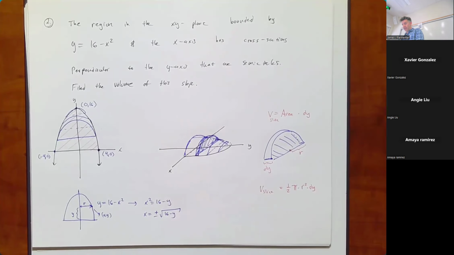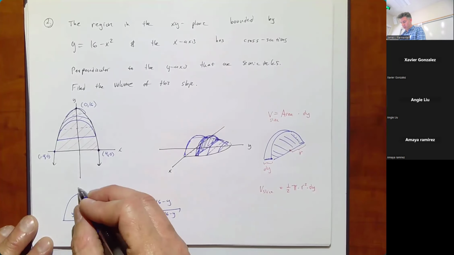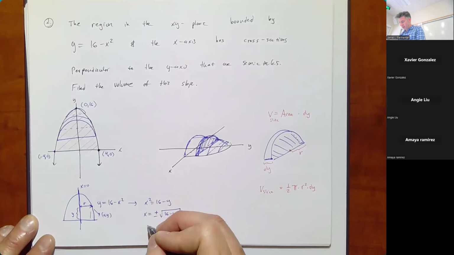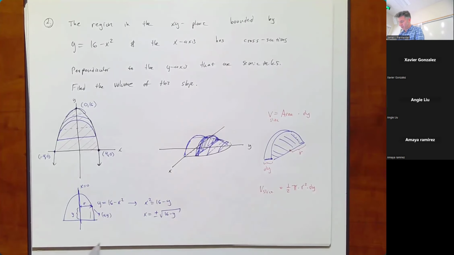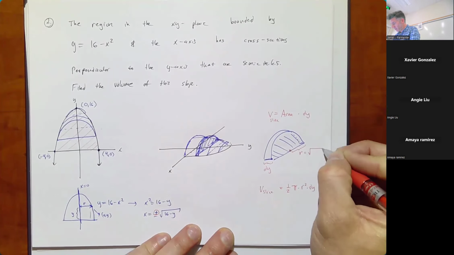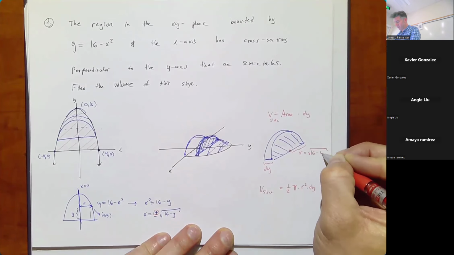And if I just want the right-hand side, because I want to find the distance from x equals 0 to the right-hand side, it's going to be x equal to the positive square root of 16 minus y. So that's our radius. It's the square root of 16 minus y.